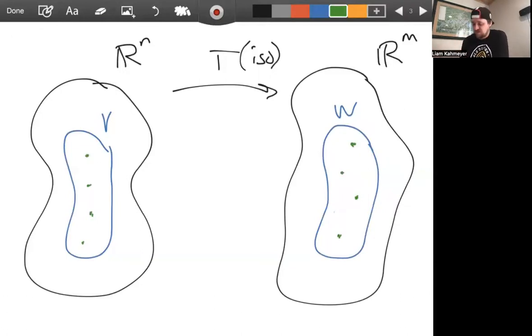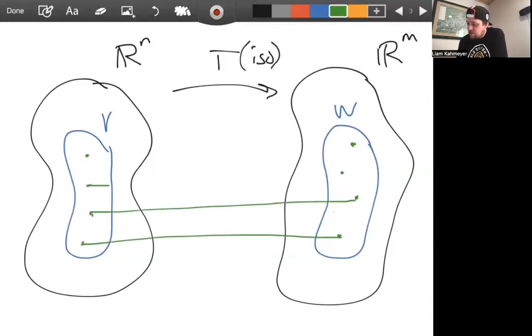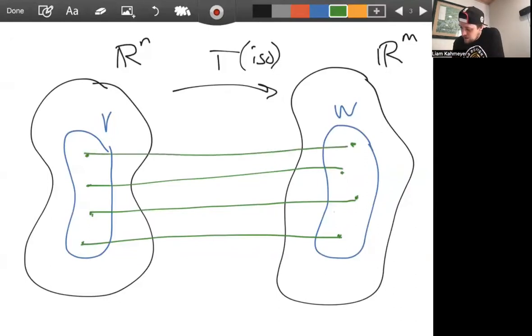And so an isomorphism is basically a copy. Intuitively, you would think about W as being a copy of V inside a different dimensional space. Everything is mapped one-to-one, but everything in the codomain is mapped to. This is exactly what it means to be an isomorphism.